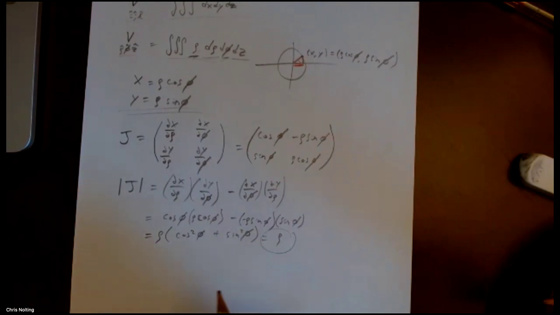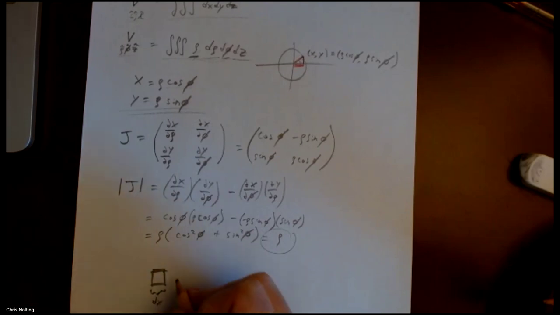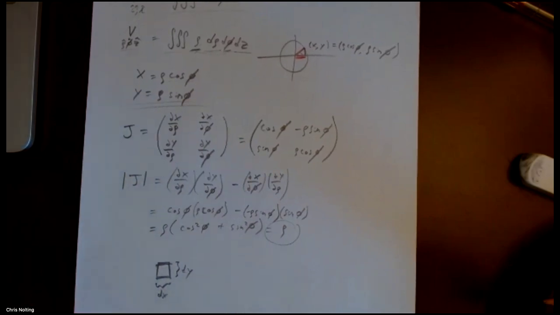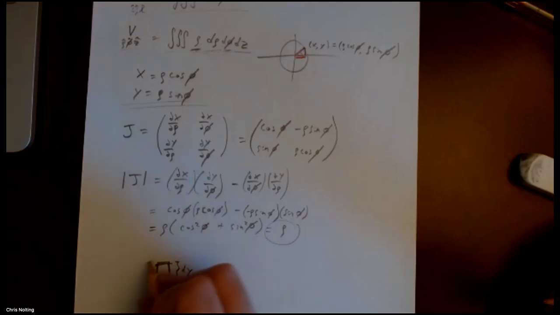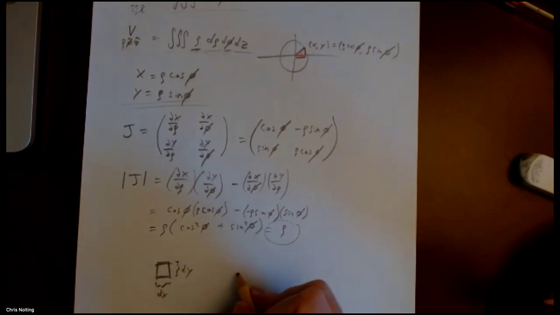And so now if I think about it in terms of just x and y, there's some little box with side dx and some little side dy, like that. But if I need to convert this amount of area into cylindrical coordinates, or maybe just polar coordinates is really what we've been working with here, I would get an element that looks like this.